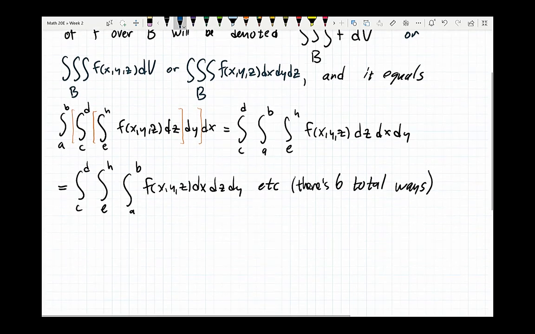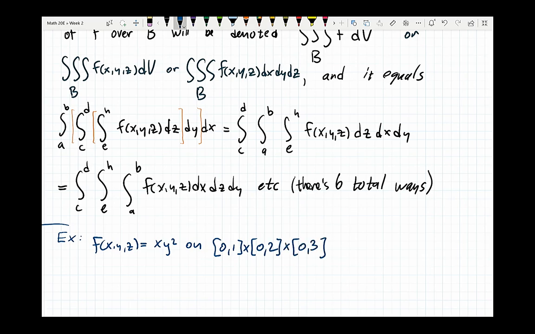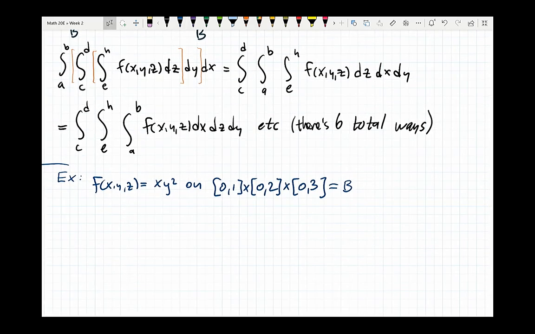Let's do an example. How about if f(x, y, z) is xy squared on [0,1] cross [0,2] cross [0,3], which I will call B. So let me try to draw it first.